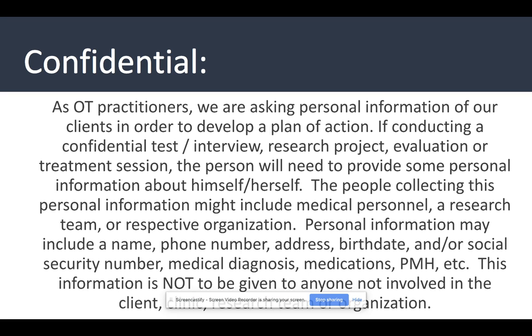If we're conducting any kind of confidential test or an interview or even a research project, an evaluation or treatment session, that person will need to provide some personal information about him or herself.